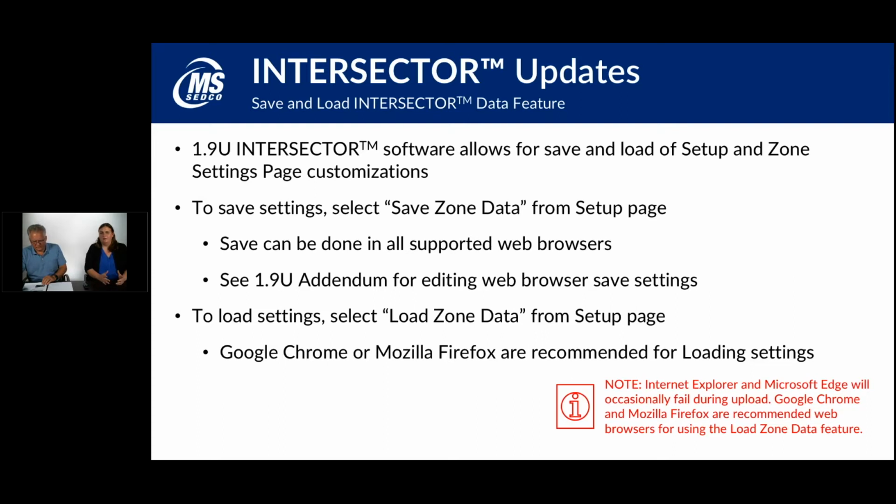The 1.9U addendum provides detailed information as to how that data gets saved, because that's dependent on the web browser, not the intersector itself. And then, as Scott says, if for any reason something happens and you want to load the zone data back up to it, you click the load zone data feature.